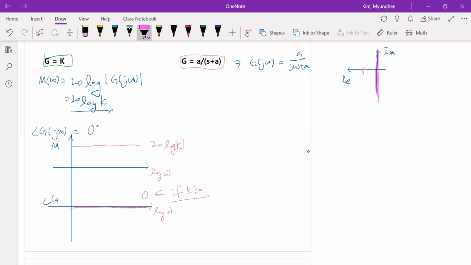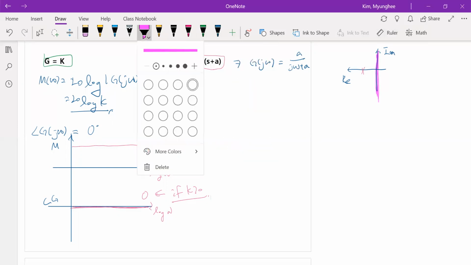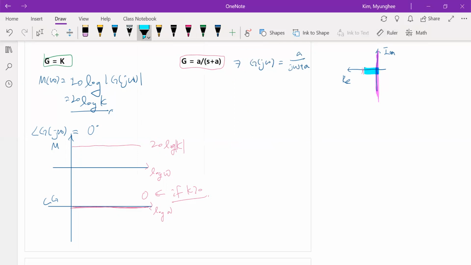So what you can immediately see is that for omega equals 0, the change in angle is almost 0, and the magnitude will be just 1. It's like this magnitude, and when omega becomes infinity, the angle becomes almost 90 degrees.